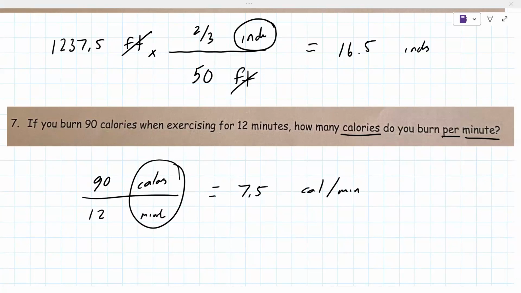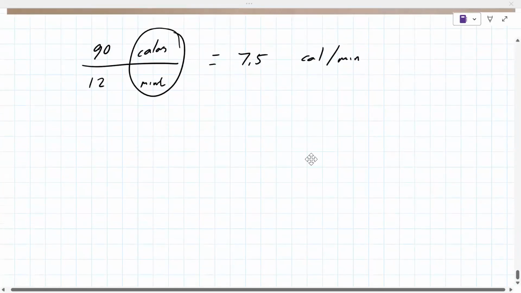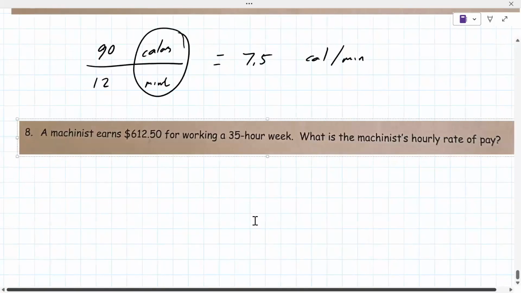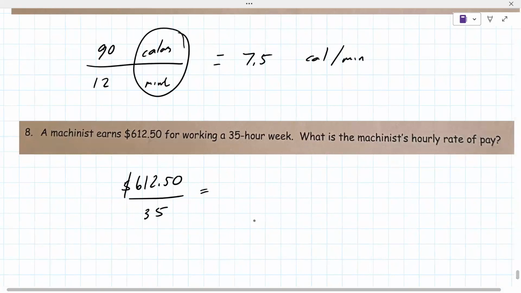Number eight. Would that be $612.50 over... sorry, I'm getting another pencil right now. $17.5.